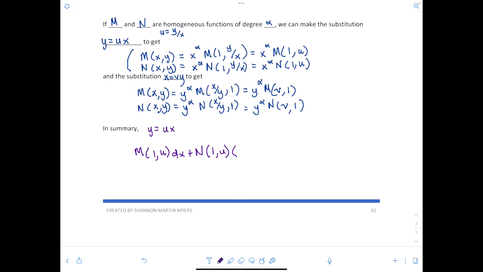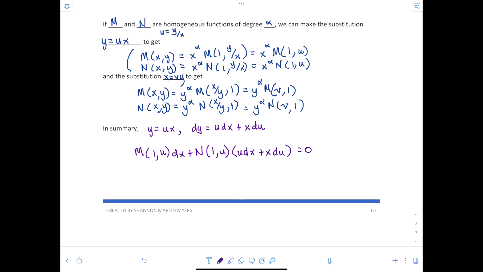So if that is the case, then the differentials would be dy is equal to u dx plus x du, and that is what you would substitute in for dy. So I will do so. And then all of that is equal to 0.